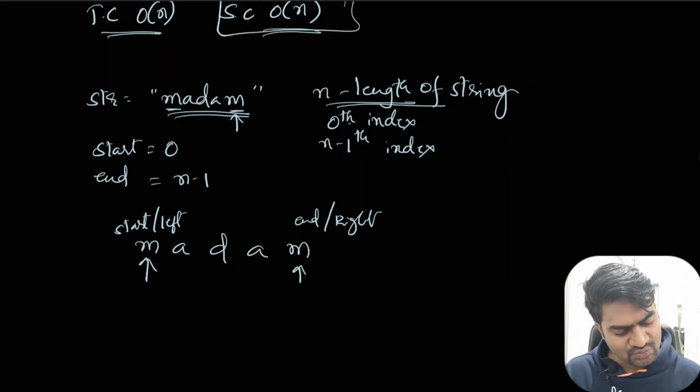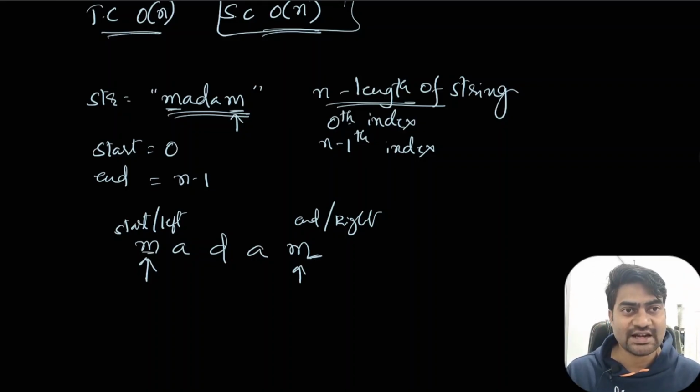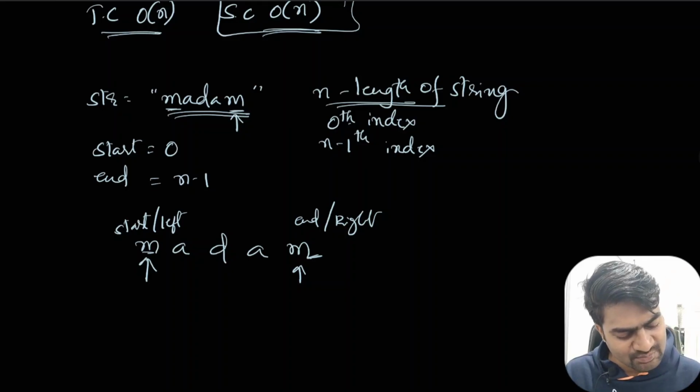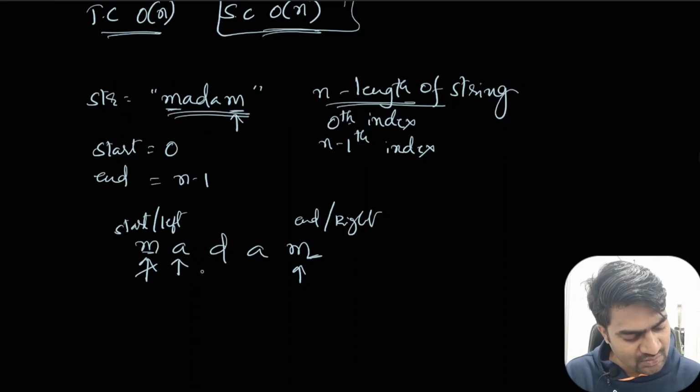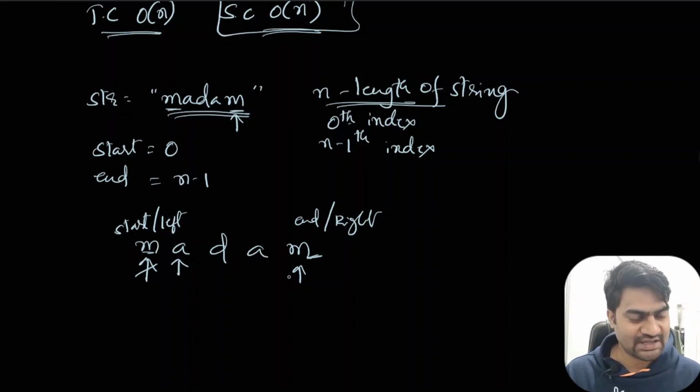Now I will check whether this character and this character are the same. If both are the same, then I'll move the left pointer one level towards the right and the end pointer one level towards the left.